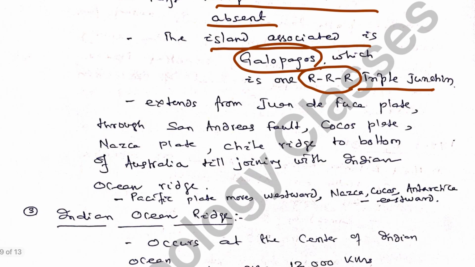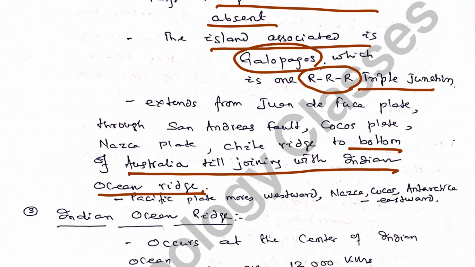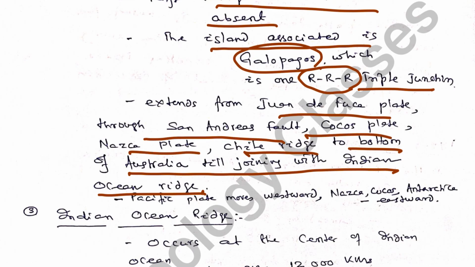This East Pacific Rise extends from the Californian Sea up to the bottom of Australia till joining with the Indian Ocean Ridge, or we can say it extends from the Juan de Fuca plate through the San Andreas fault, Cocos plate, Nazca plate, Chile Ridge to join with the Indian Ocean Ridge. The Pacific plate moves westward, whereas Nazca, Cocos and Antarctica move eastward.